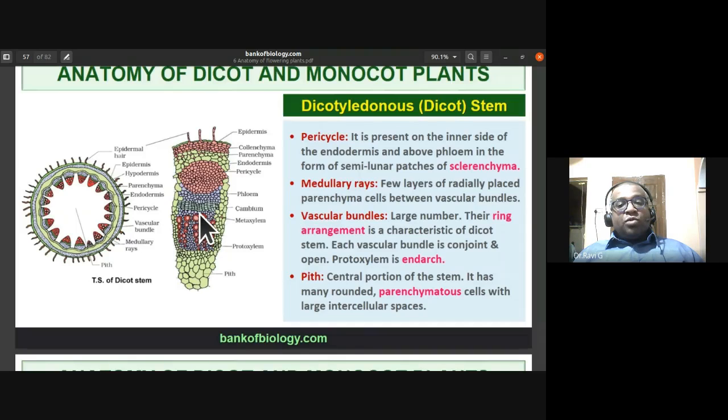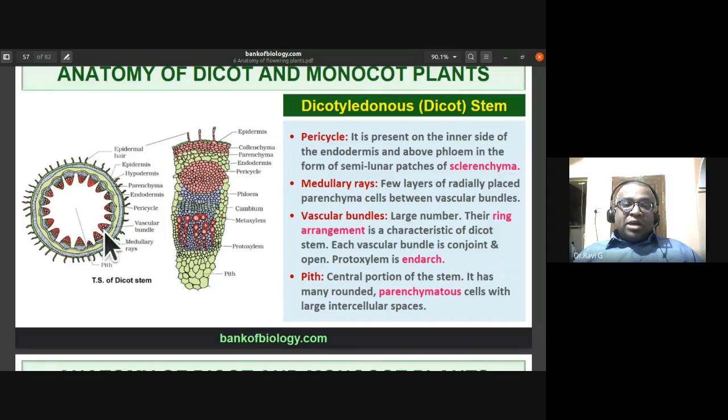And protoxylem is endarch because the protoxylem is towards the pith, facing the inner side of the tissue. So we call the arrangement of xylem the endarch type of arrangement.